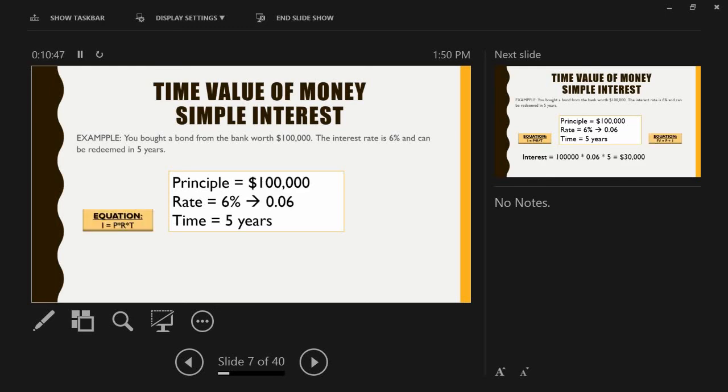Yes. Oh, sorry. I thought I had it everywhere. Okay, so yes, your principal is 100,000. Your rate is in a percentage. So every time you see a percentage, you need to automatically turn it into a decimal. Okay, so it's 0.06 here. And time is already given in years, so you just need to calculate 5 years.